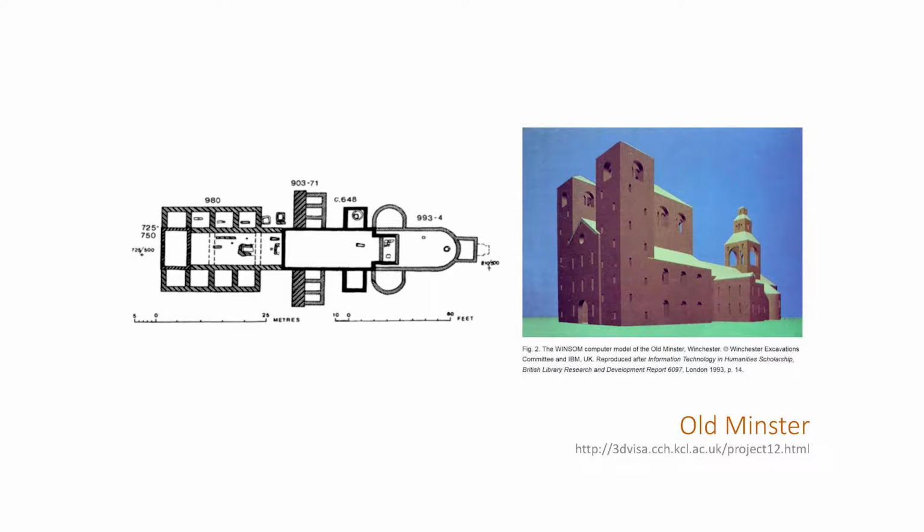And Woodard went on to join IBM's Scientific Centre in the UK and create a model of the Old Minster in Winchester, which was completed in 1986. And so you can imagine, compared to what we've seen in the lightning talks, this is a very crude example of what a 3D reconstruction project might look like.